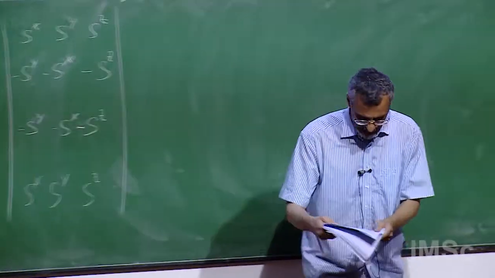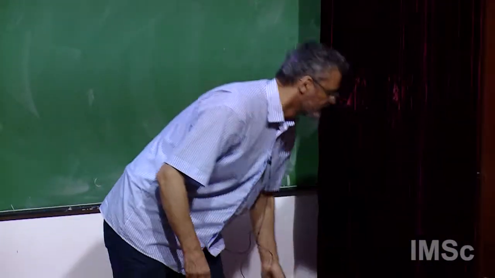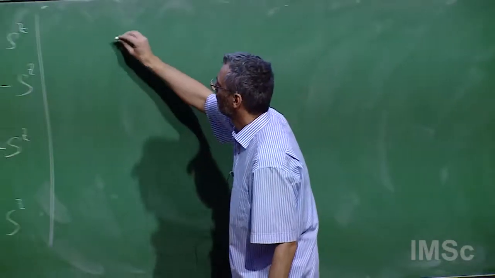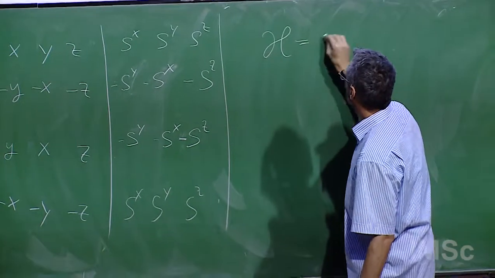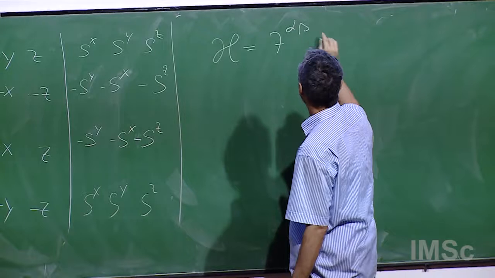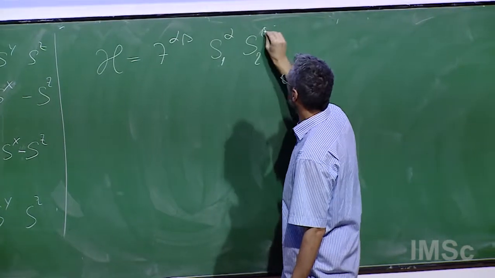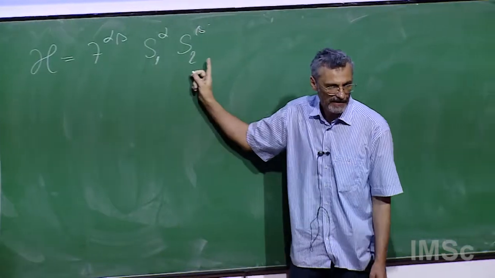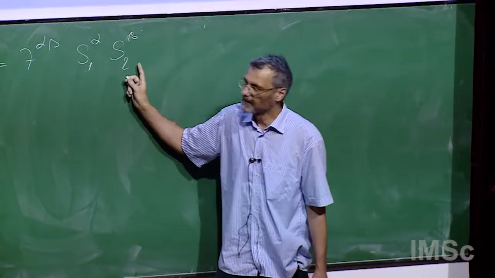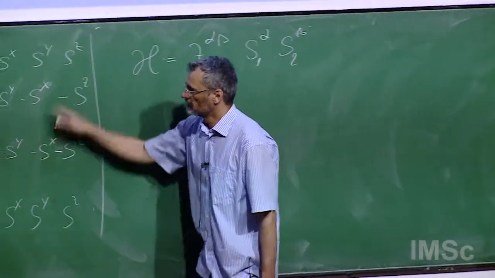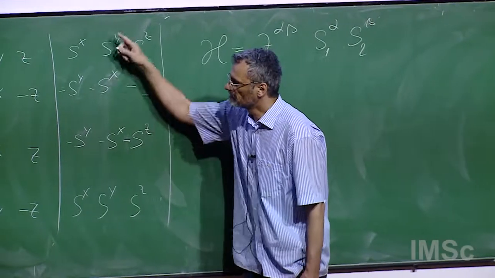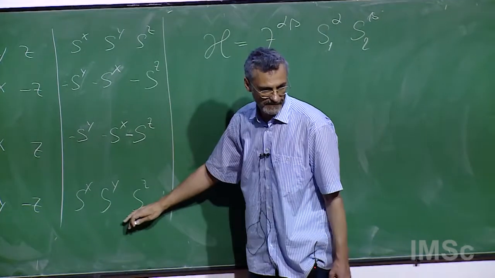And now let's try to find what the Hamiltonian can be. So Hamiltonian we can write as J alpha beta S1 alpha S2 beta. And this Hamiltonian needs to be invariant under the generators of this group, under the action of this group.